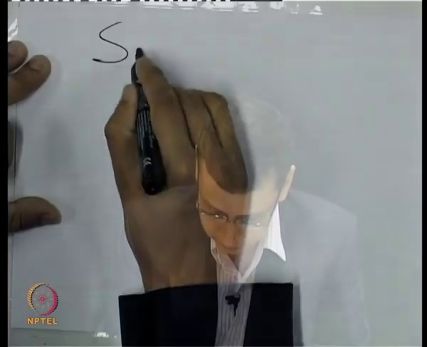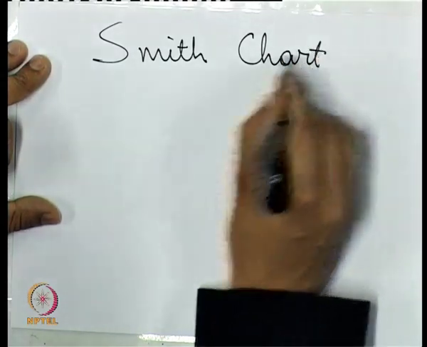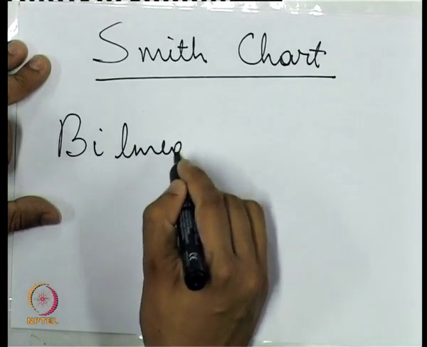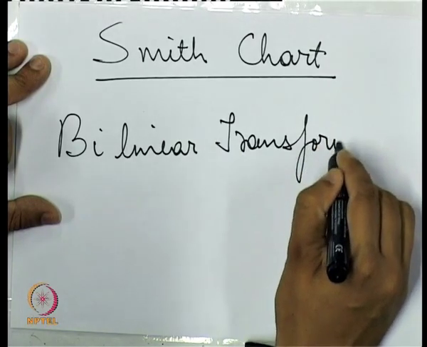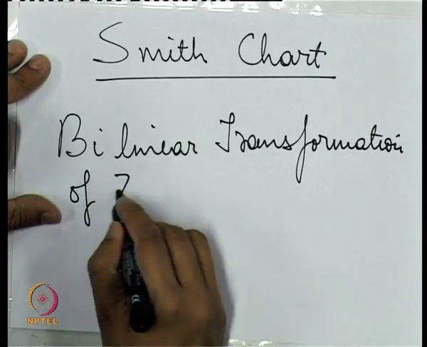Now if we further analyze the Smith chart, this is basically how we had gone in the previous class. I had mentioned that the Smith chart is nothing but a bilinear transformation of the Z plane.